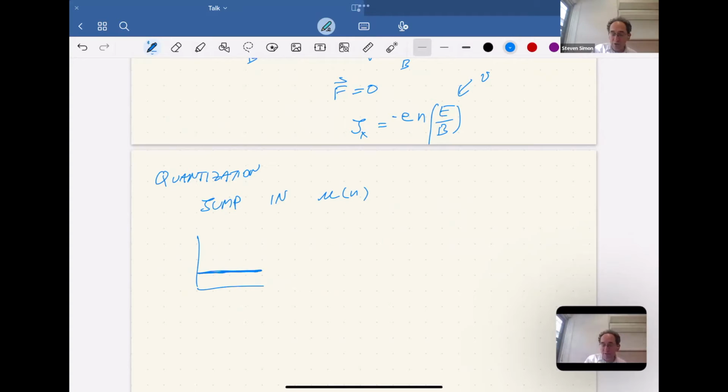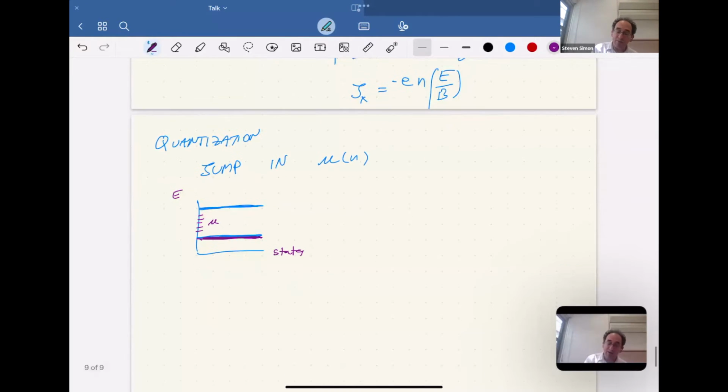If there's a nice jump in the chemical potential, then there's a range of places where I can put the chemical potential continuously, and the density is completely fixed. Anywhere I put the chemical potential here, in a continuum of different places, I fill up this lowest band. So this is E, and this is states. I fill up exactly this band, and the density is completely pinned.